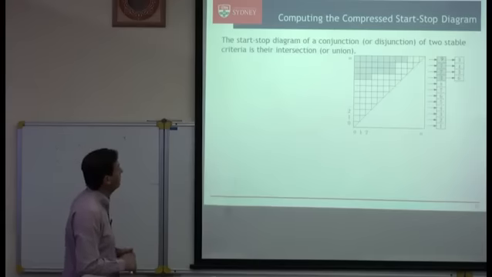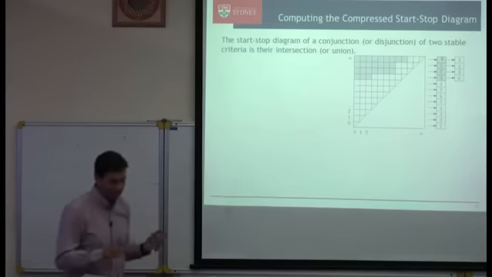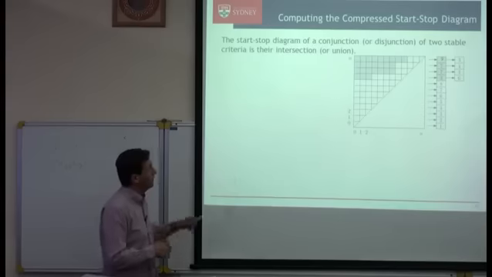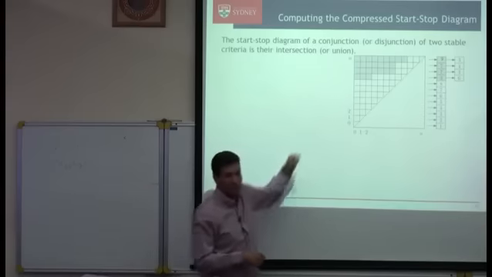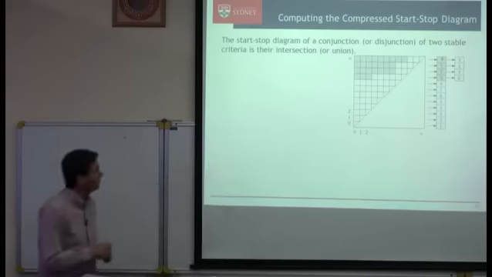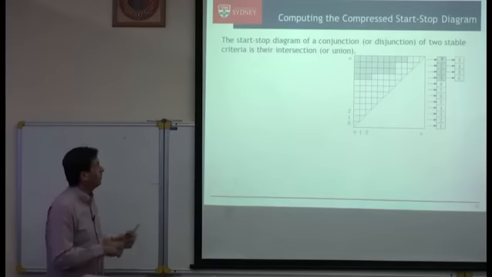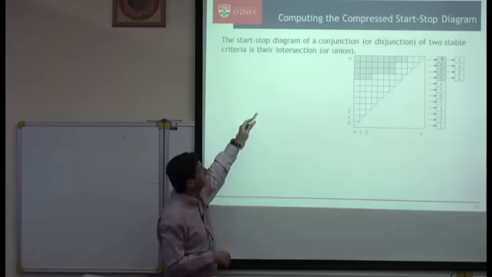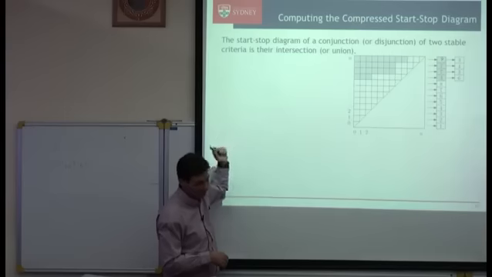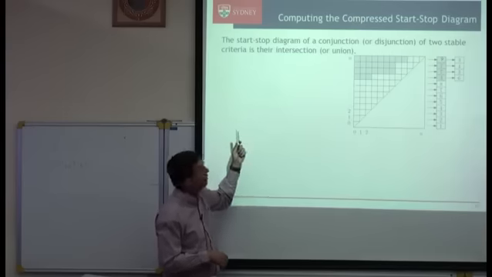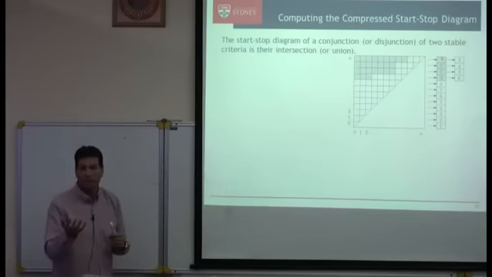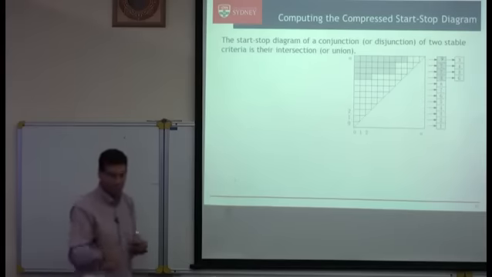Okay. So the nice thing with this is also that if I look at the start-stop diagram and at the conjunction of two stable criteria, then I just take the intersection of the two start-stop diagrams.